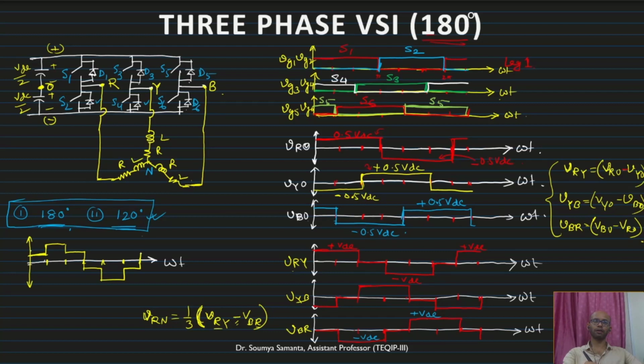So I have got a pattern. This way it will continue. So this is VDC by 3 and there it is minus VDC by 3. This point will get minus twice VDC by 3 and this point will get plus twice VDC by 3.